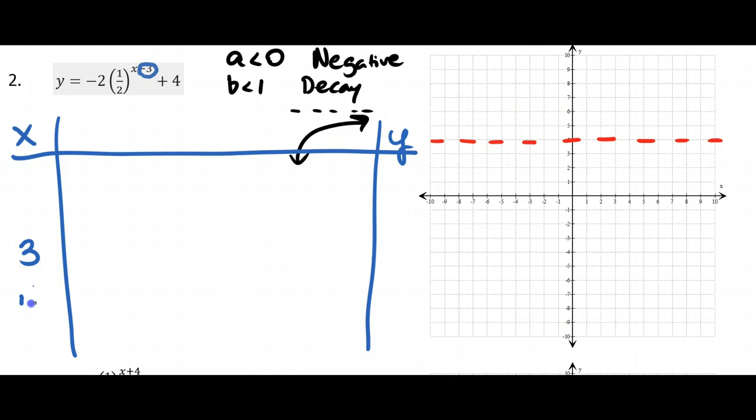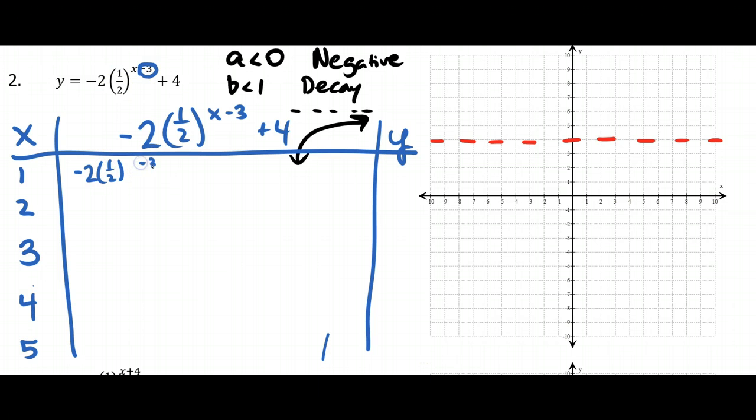I'm going to choose a 4 and a 5 and a 1 and a 2 as my other values. And again, I'm plugging into this expression -2 times 1/2 to the power x minus 3 plus 4. And so I'll go ahead and set this up. You're going to want to leave yourself a little bit of room for work up here.